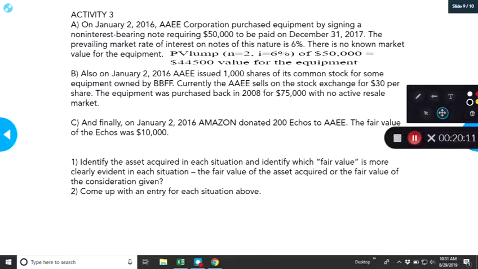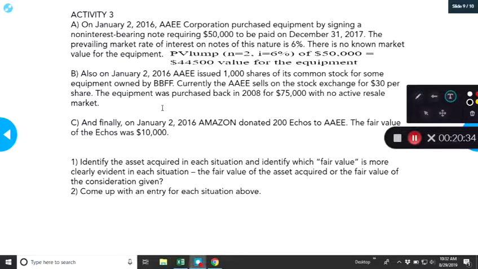So which of those two has a more clearly evident fair value? That would be the common stock, because there's no available fair value for the equipment. We have the value of it 8 years ago, but that's not likely to be its current fair value. So we're going to use the value of the stock in this situation.